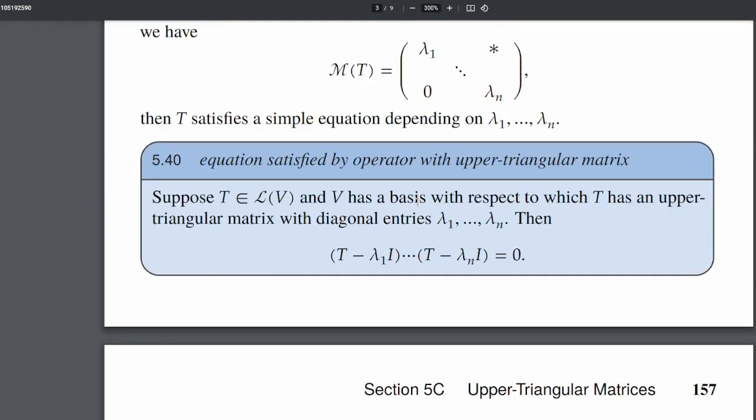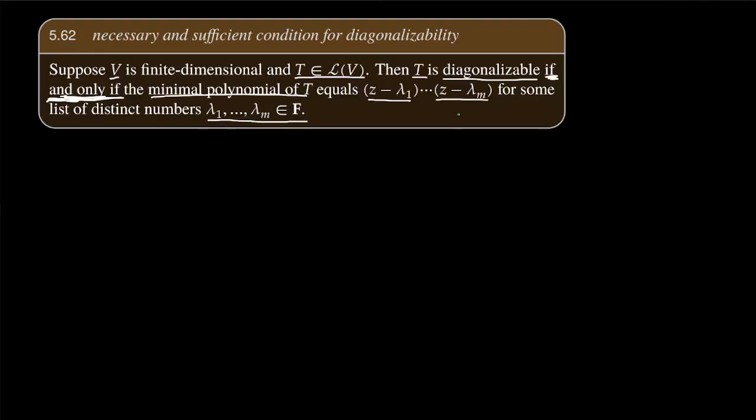So, combining these two facts, and returning back to diagonalizability, here's the difference. Notice, upper triangular matrices are a more general type of matrix than diagonal ones. That is, diagonal matrices are certainly all upper triangular, but upper triangular matrices need not be diagonal. So the real difference between diagonalizability and upper triangularizability is whether or not you have repeated factors in your minimal polynomial.